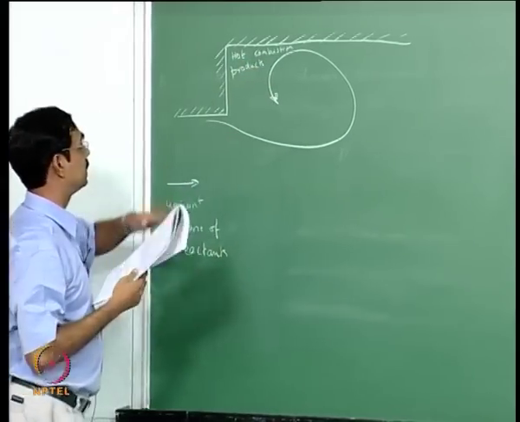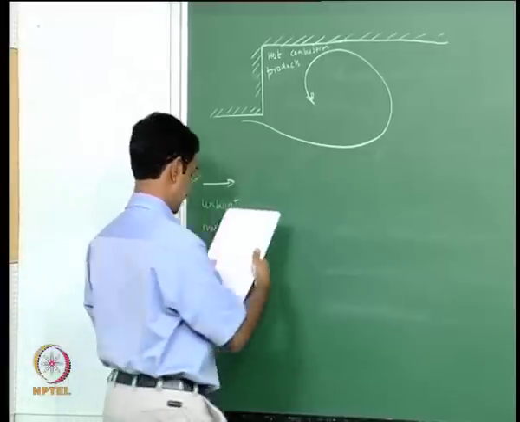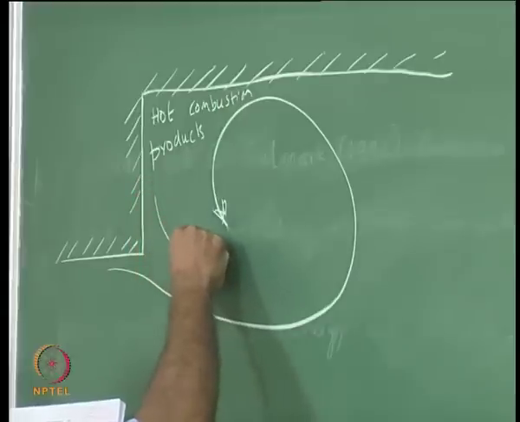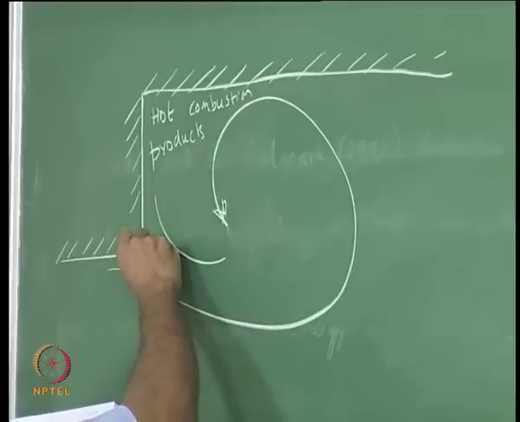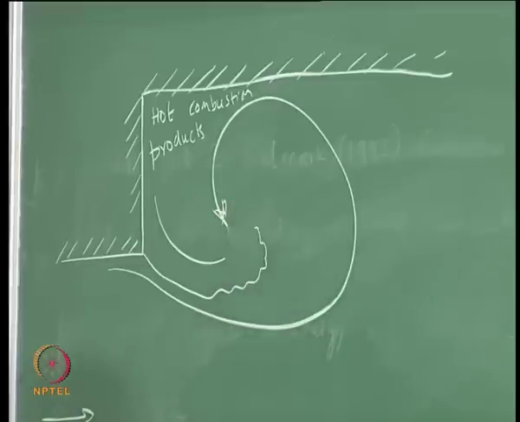hanging around, and that is precisely the reason we have this expansion, so that these hot combustion products will be there, and they will try to get entrained into this, and there will be some kind of interface here.